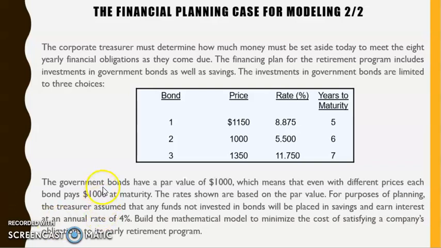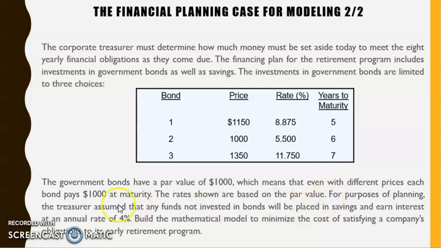Okay, the government bonds have a par value of $1,000. These are details that we need to know when we want to do the modeling, which means that even with different prices, each bond pays $1,000 at maturity. We discussed these things. The rates shown are based on the par value.